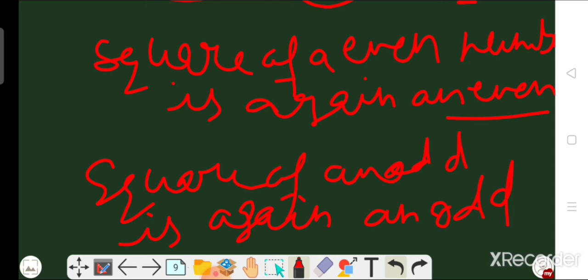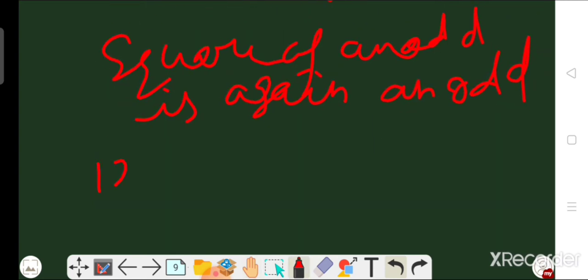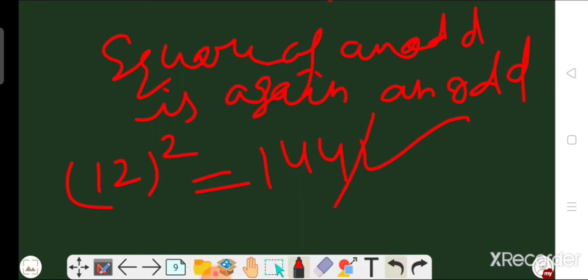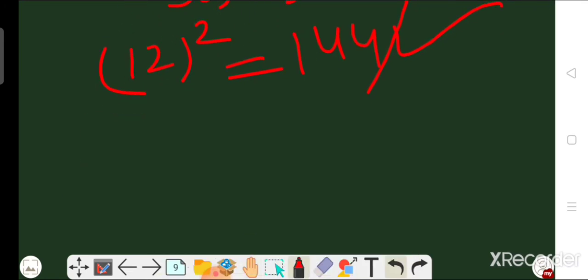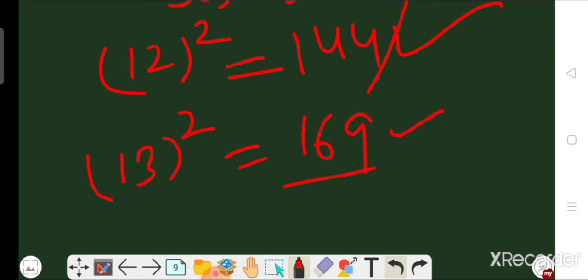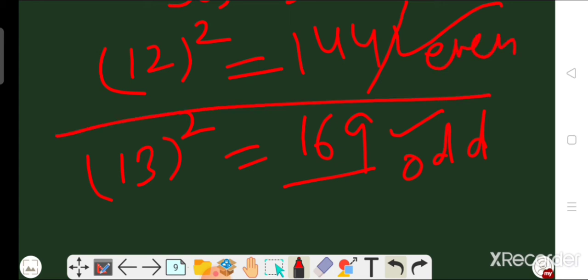Okay, for example, beta, 12 is an even number and the square of 12 is 144, and this is again an even number. And 13 is an odd number and the square of 13 is 169, and this is again an odd number. So we can say that square of an even number is again an even number and square of an odd number is again an odd number. Clear?